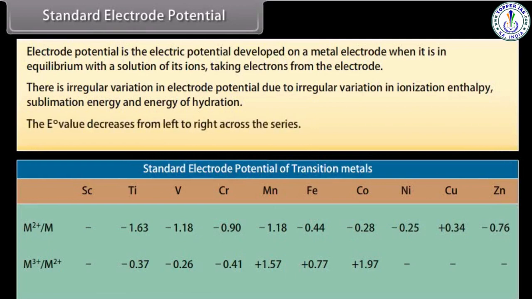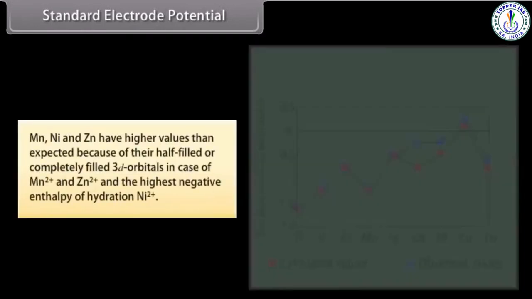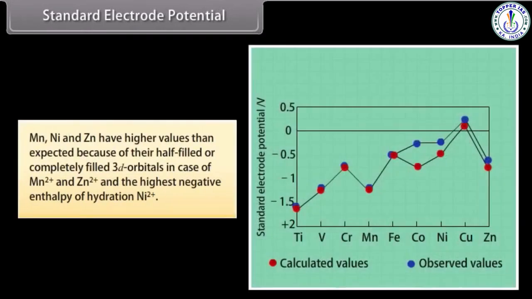The E0 value decreases from left to right across the series. Manganese, nickel, and zinc have higher values than expected because of their half-filled or completely filled 3d orbitals in the case of Mn2+ and Zn2+, and the highest negative enthalpy of hydration for Ni2+.